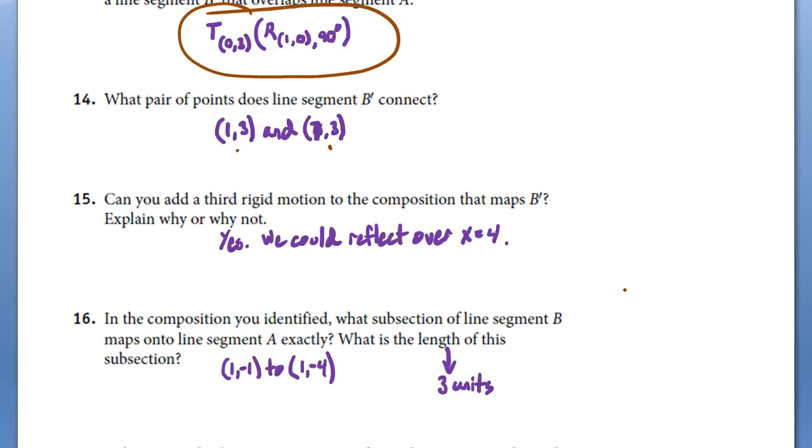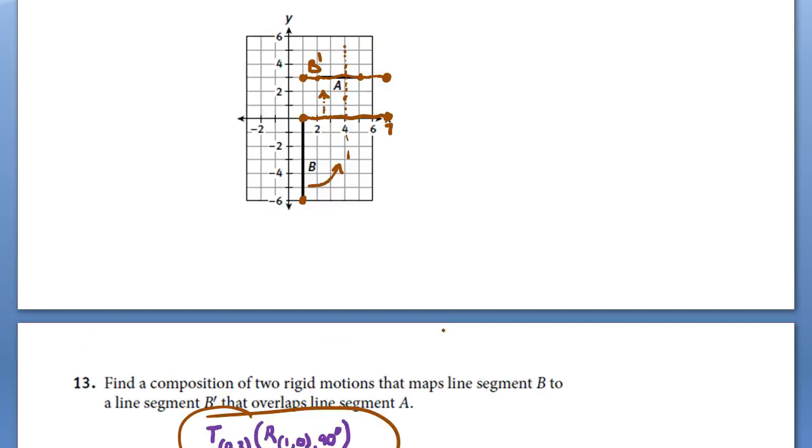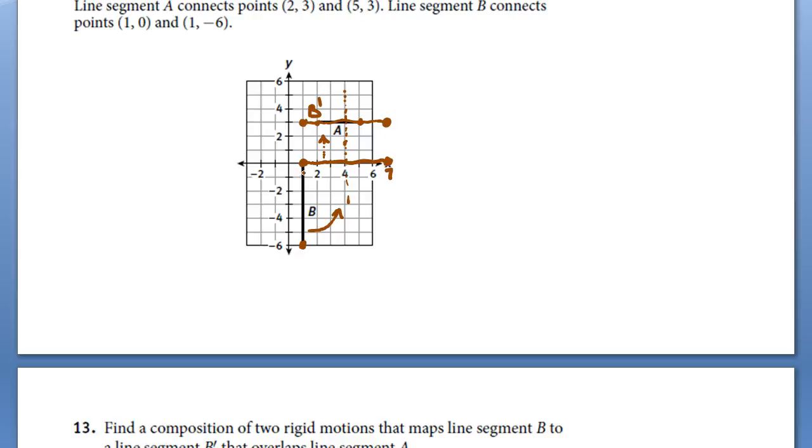Number 16, in the composition you identified, what subsection of line segment B maps onto line segment A exactly, and what is its length? So line segment B, this original vertical black segment, what part of it is the part that overlaps segment A?